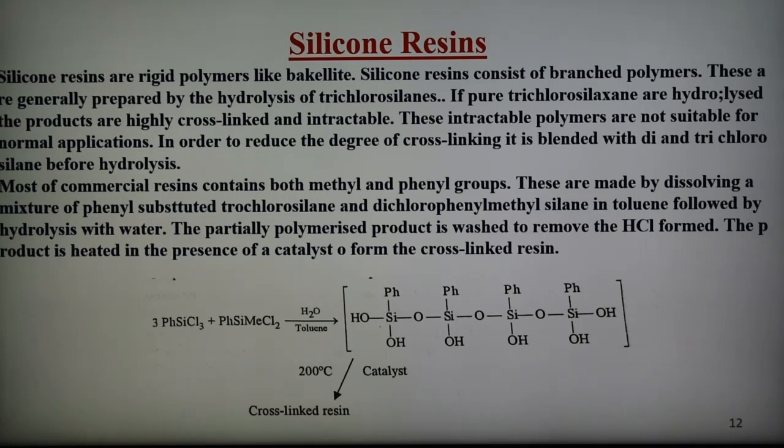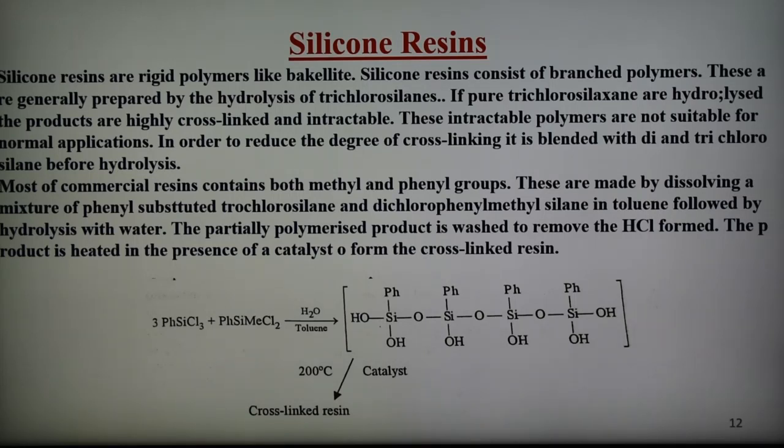If pure trichlorosilane is hydrolyzed, the product is highly cross-linked and intractable. These intractable polymers are not suitable for normal applications. In order to reduce the degree of cross-linking, it is generally blended with di- and trichlorosilane before hydrolysis. And most commercial silicon resins contain both methyl and phenyl groups.